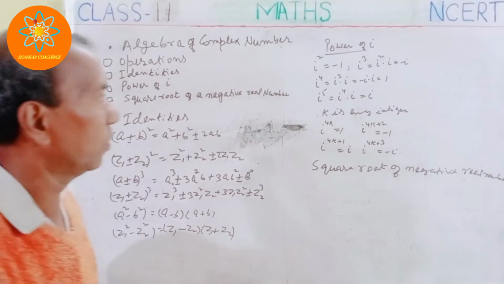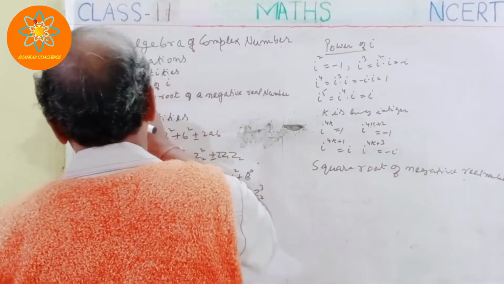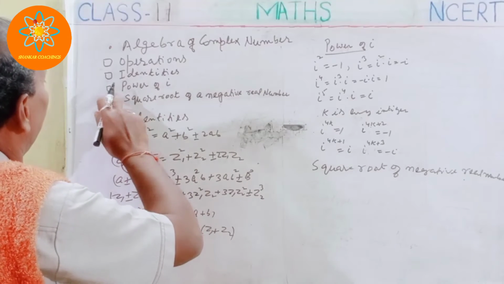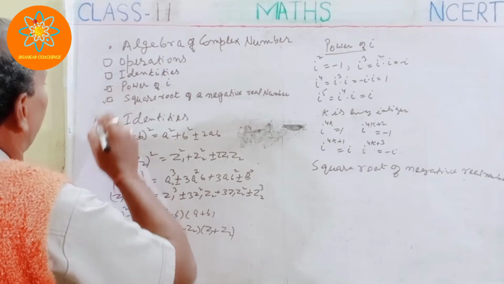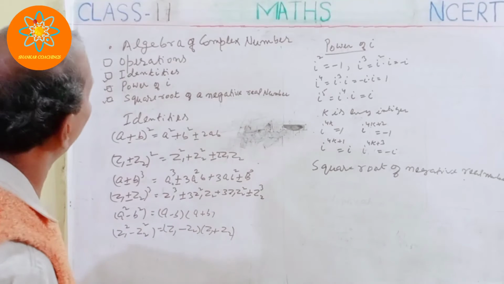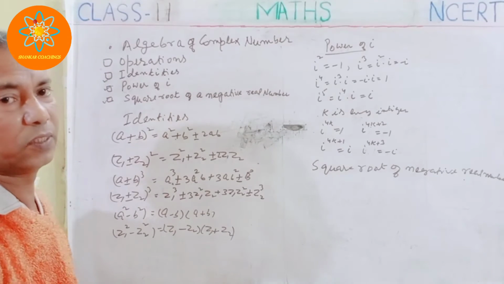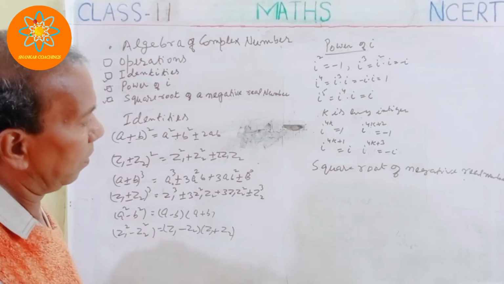I want to discuss this last one. Already I have discussed identities, and powers of i also I discussed. So, what is the value of the square root of a negative real number?